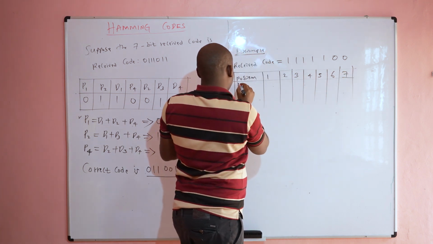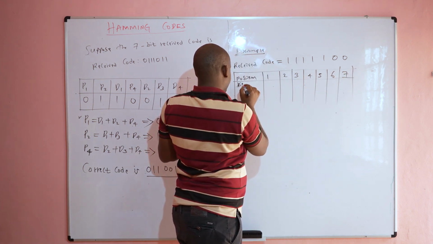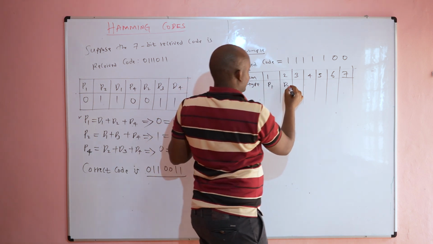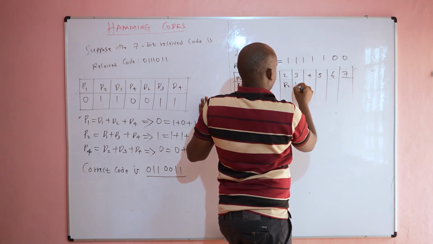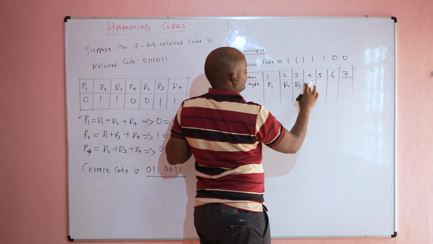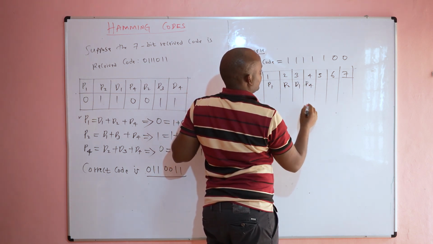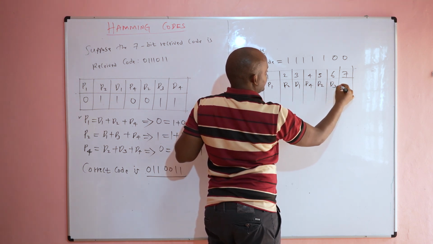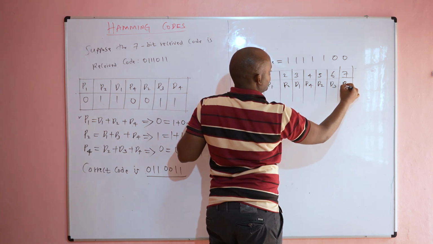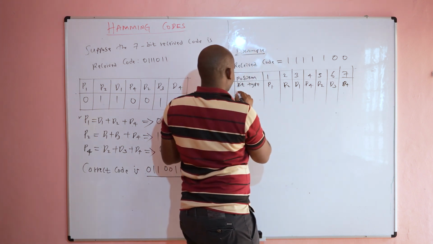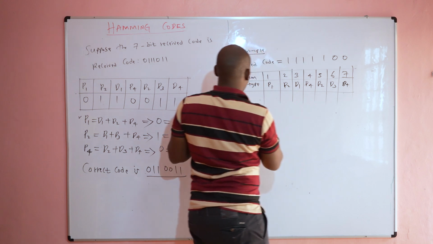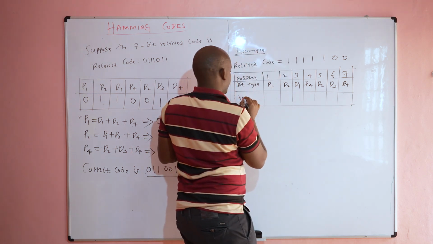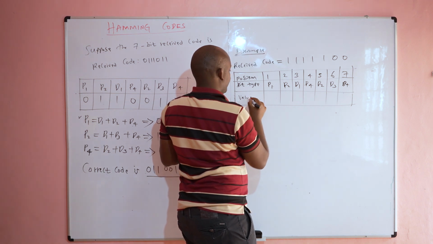And these are associated with this bit type. First one, it is P1 followed by P2. This will be our D1. This will be our P4. This will be our D2, D3, and lastly D4. So in this case now it is now the values in our code word.